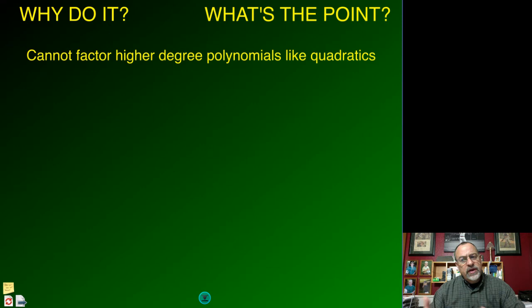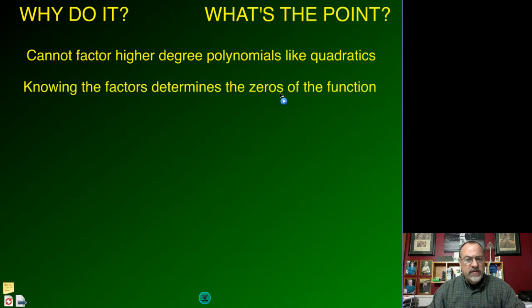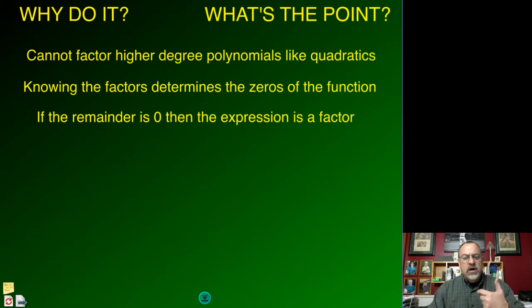So we need another way to do it. So division is one way to do that. And again, we want to divide because if we know what the factors are, we can determine what the zeros of the function are. And again, the zeros are important because that's where we know the graph crosses or touches the x-axis. Now, we know that we have a factor when we do division and we get a remainder of 0.